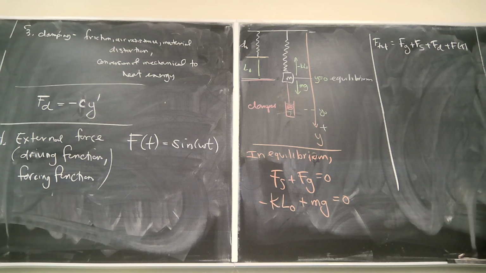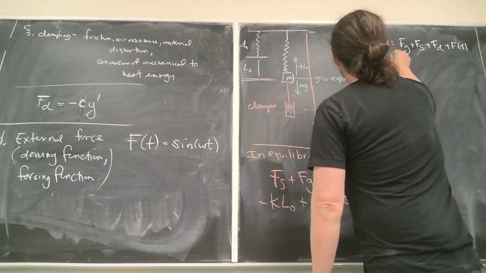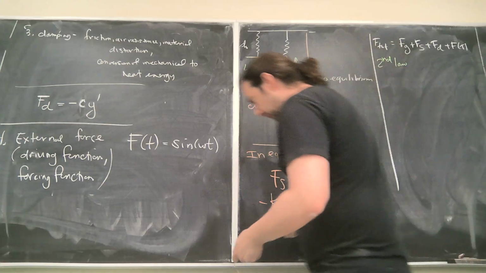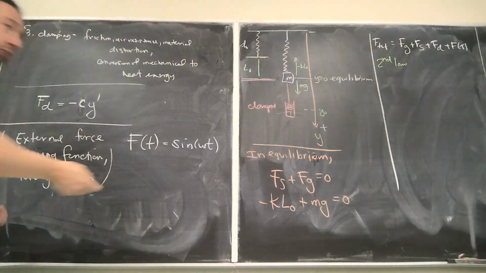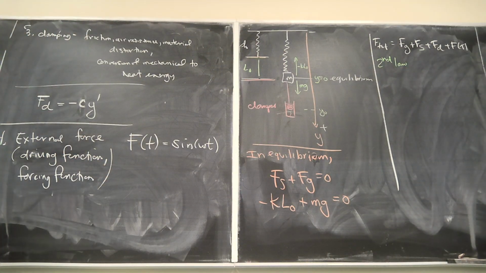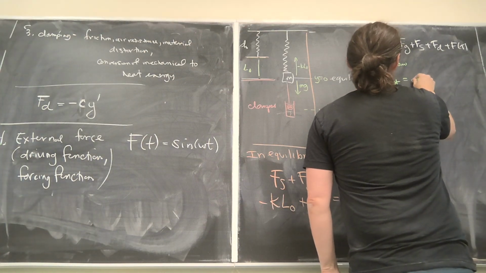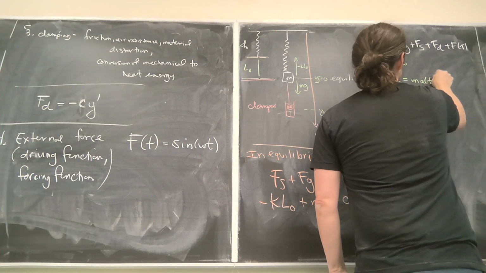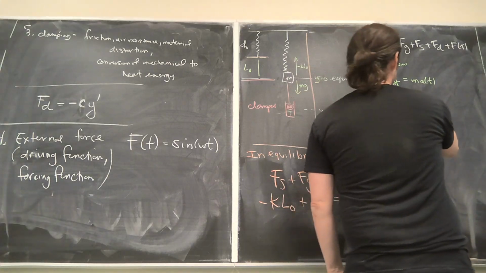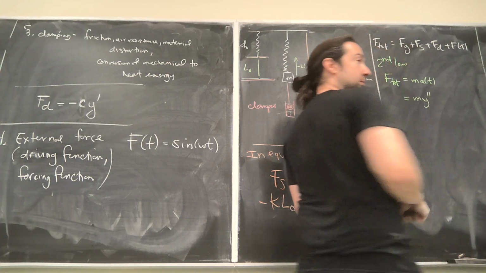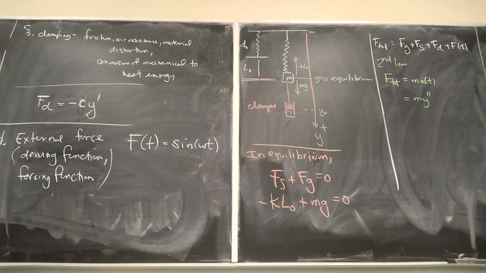That is the total force that's being experienced by this thing. On the other hand, since we are studying an object in motion, Newton's second law says the total force should be equal to the mass times the acceleration. Or if you like, m y double prime, the second derivative of position.